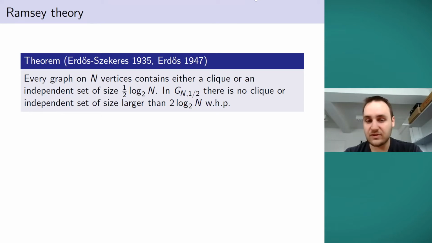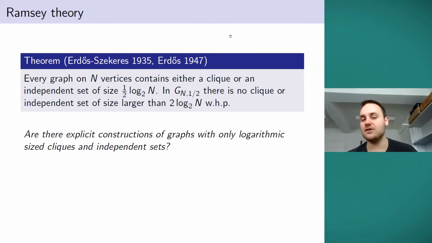So we have these two nice results which basically settle this problem for general graphs, but it is still a bit annoying that for this upper bound we only have this probabilistic construction. So one would imagine that for such a basic problem it shouldn't be too hard to come up with some explicit or deterministic construction.